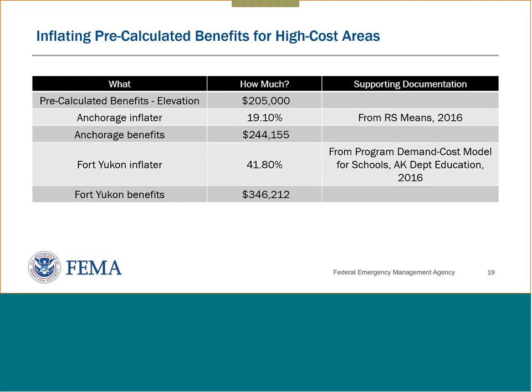So basically, what you can do is you inflate it for Anchorage, and then you inflate it again for the community that you live in. So you'll need to have documentation to do this, but here's an example of being able to take a pre-calculated benefit and increasing the cost to what the actual cost of construction and work in your community is. Next slide, please.